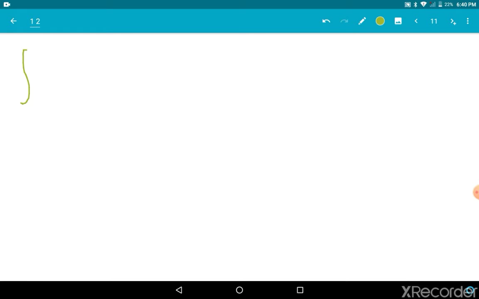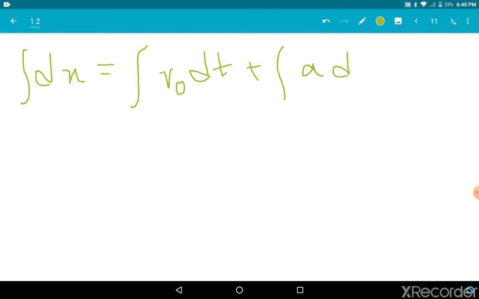So I'll integrate both sides. Dx is equal to v0 t plus, I think, a times (t2 minus t1) dt. Understand? So let's do this, x0 to x, so x minus x0.